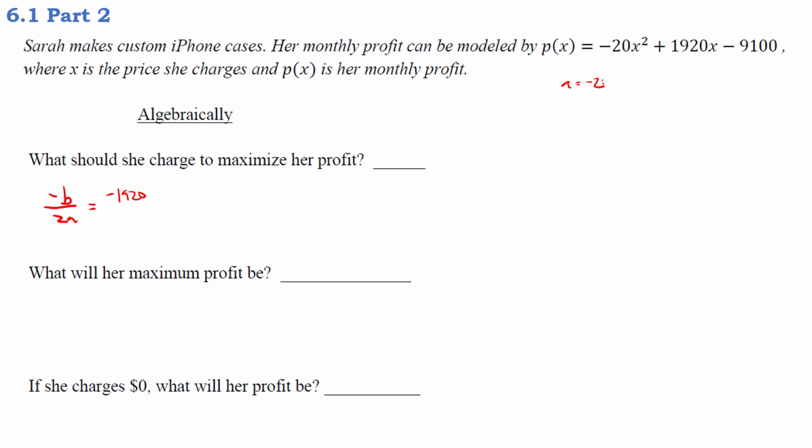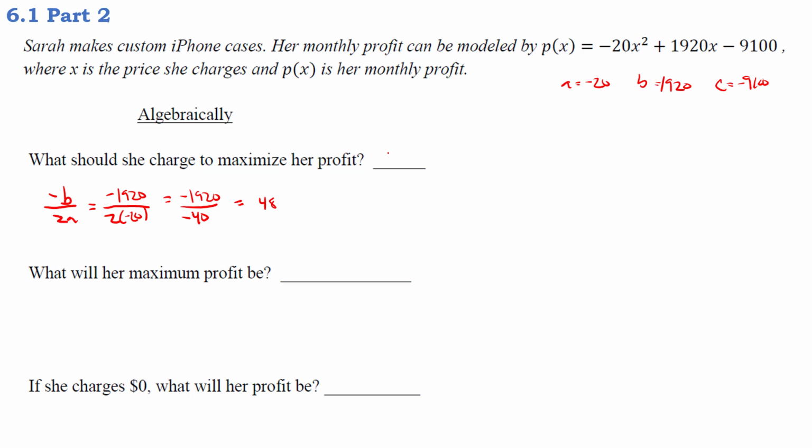A is negative 20, your b is 1920, and your c is negative 9100. So a negative b value, so negative 1920, all divided by 2 times negative 20. Okay, so we should get negative 1920 over negative 40, and that gives us 48.